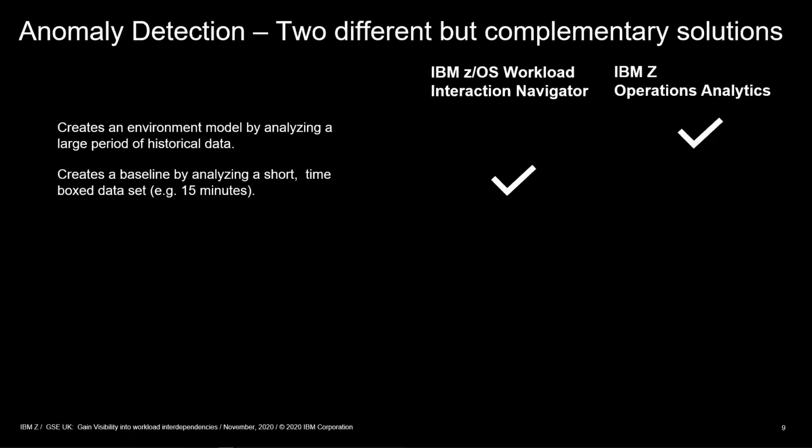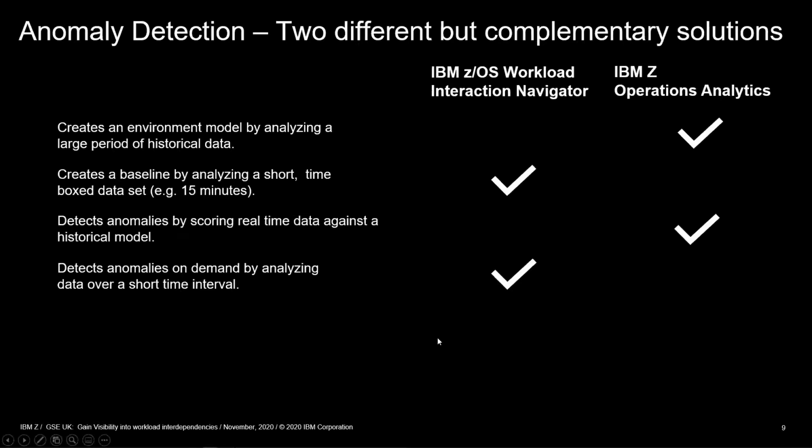We're just analyzing that short period of data, whereas if we look at solutions like Watson machine learning for z/OS or other anomaly detection engines, they're looking to create a baseline of normal based on historical data. So it's taking months, or whatever time period is needed, of historical data to build a baseline to understand what your environment is. Two very different things: looking at all of that historical context to understand what to look for, versus looking at a very short time box.